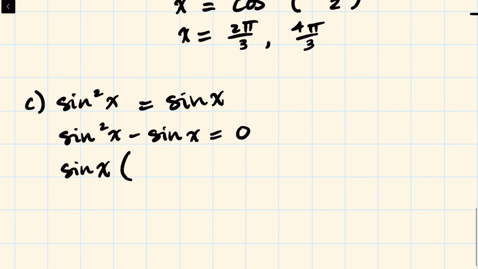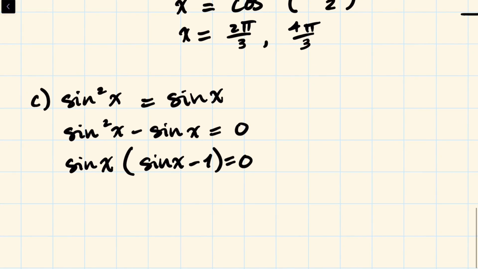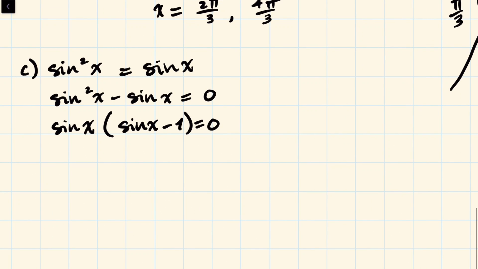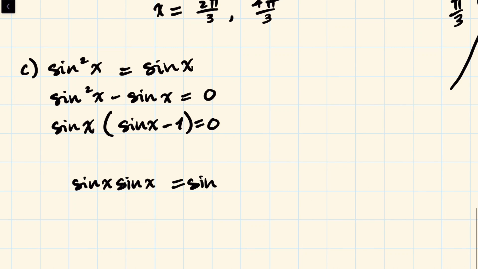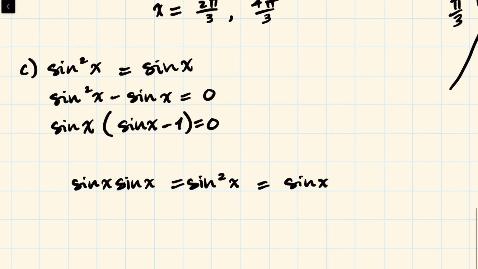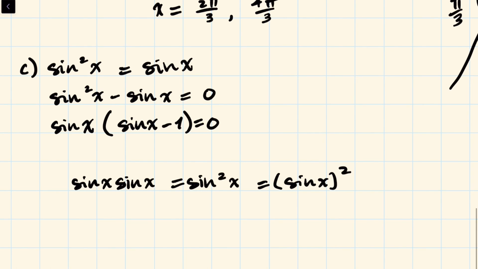And then left we have sine x minus 1. Note that sine squared x, or you could also write it like sine x all squared, but most people use this here.